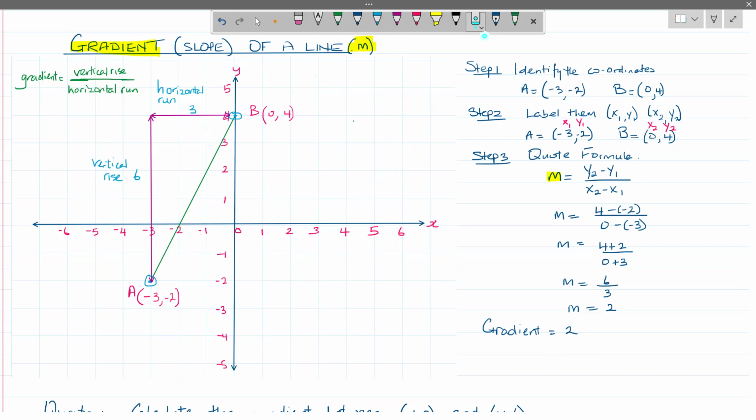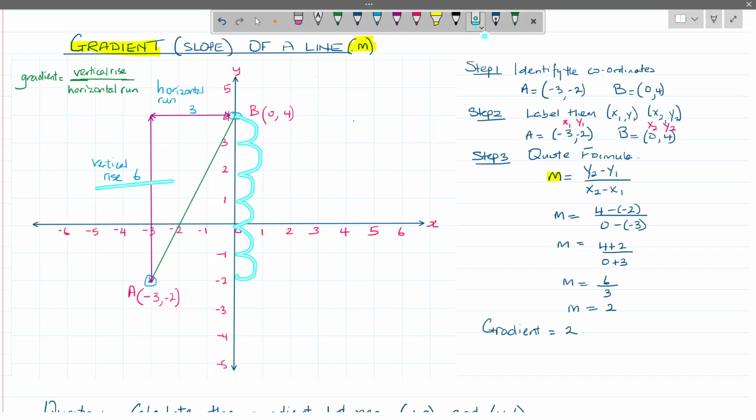Right. Now, some teachers or some textbooks will also describe the gradient as the vertical rise, the amount we're increasing vertically by, divided by the horizontal run, which is basically what this formula is. So if you look at the graph, we start at negative 2 here, and I am going up to 4. If you check the number of blocks, 1, 2, 3, 4, 5, 6 blocks.